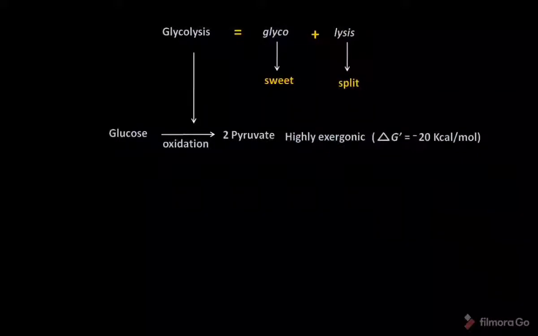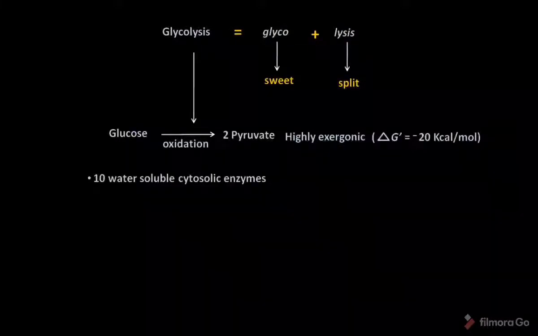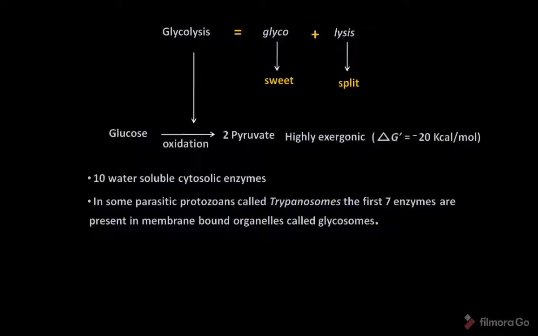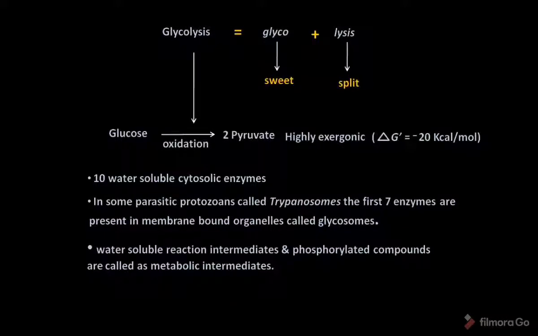Ten water-soluble cytosolic enzymes take part in glycolysis. But in some parasitic protozoans called trypanosomes, the first 7 enzymes are present in membrane-bound organelles called glycosomes. All the reaction intermediates produced by these enzymes are water soluble, and the phosphorylated compounds are called metabolic intermediates.